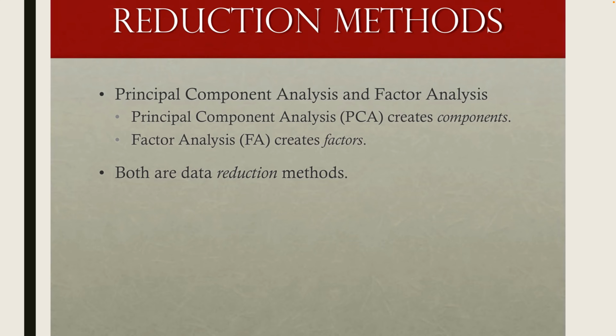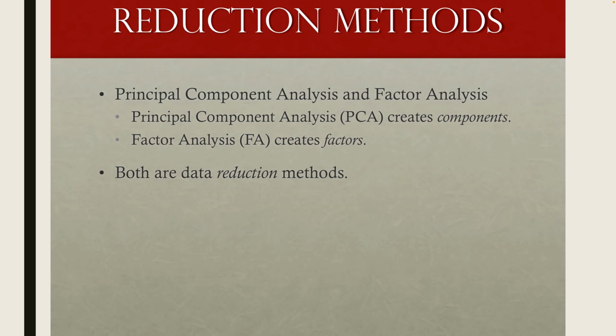Factor analysis is just the opposite. Factor analysis seeks to take measurable scores and kind of map them onto a factor, where a factor represents a latent, non-measurable, non-observable outcome.